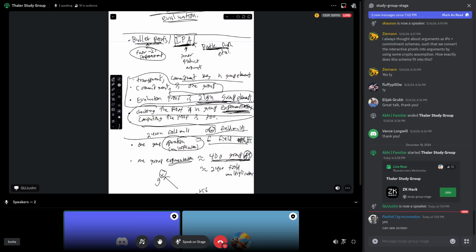And asymptotically speaking, basically this 400 is about lambda, where lambda is the security parameter. And so this is actually worse than n log n time. It's like n lambda time, which is worse than n log n time. So people are underselling how bad it is when they say the verifier is linear time. The verifier is super linear time.